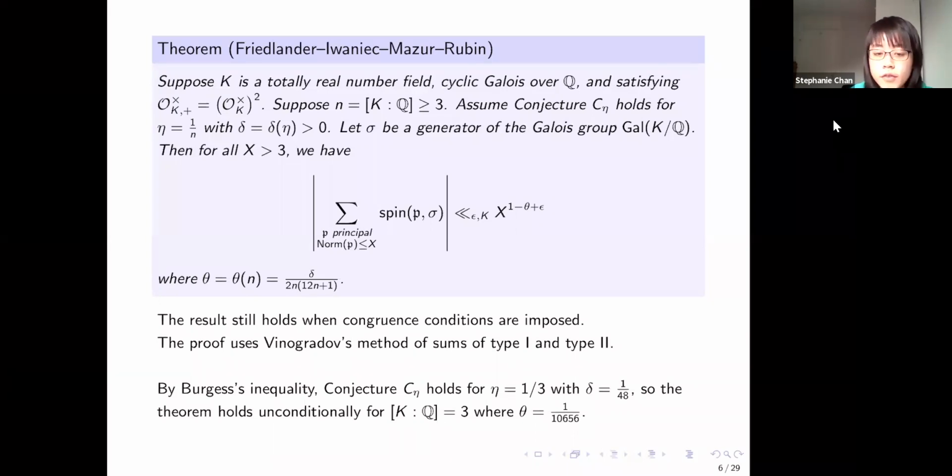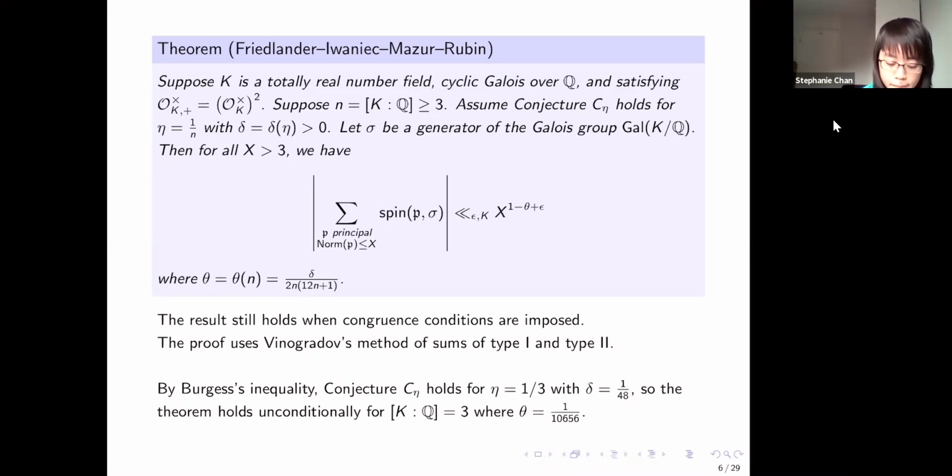So from the known cases of the conjecture, by Burgess's inequality, it holds for eta 1/3, which is the parameter you can get when you take K to be a degree 3 number field satisfying those conditions before.